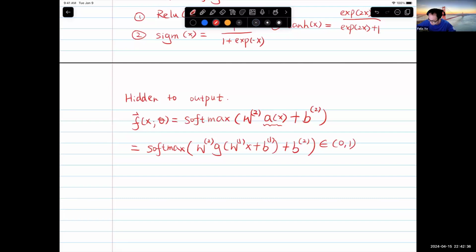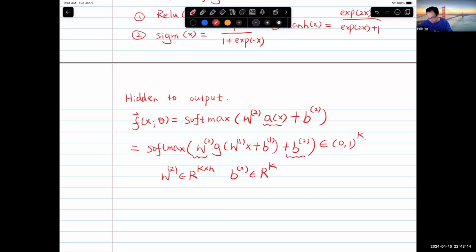We know this is in [0,1]^K. In this case, W2 and b2 are also the weight matrix and bias for this second layer, from the hidden layer to the output layer. So W2 here is K by H, and my b2 here is in R^K.